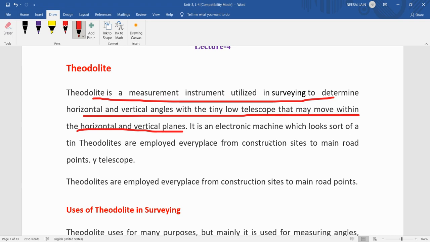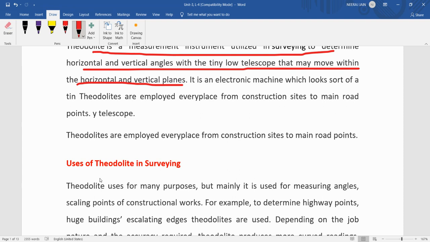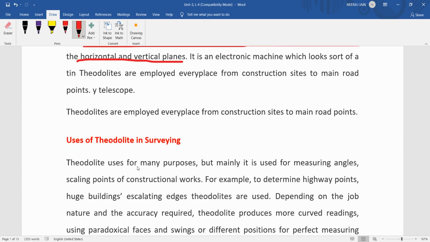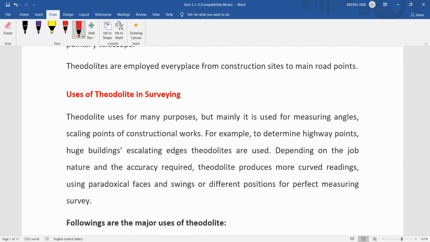Theodolites are employed everywhere from construction sites to main road points. It has a wide telescope. So we can talk about the uses of theodolites in surveying.